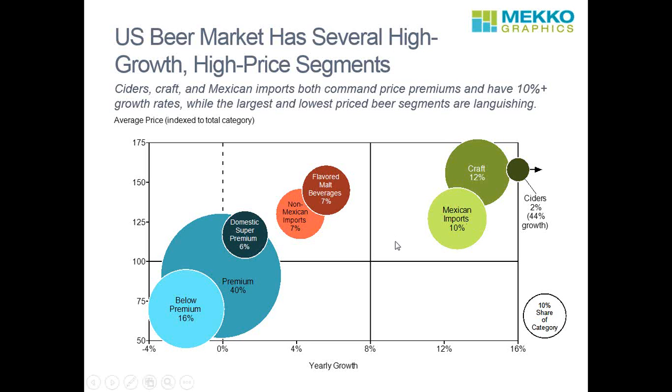So this introduction hopefully gave you a sense of how you might use Mecca Graphics charts as part of a market analysis. I wanted to start you with market maps, again, because they're a very powerful use of our software, a very common chart for us.